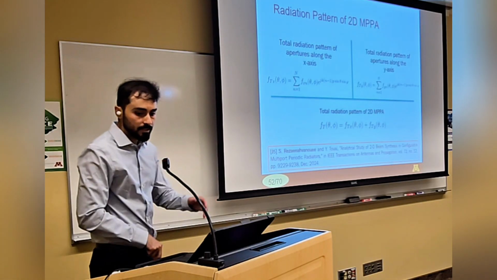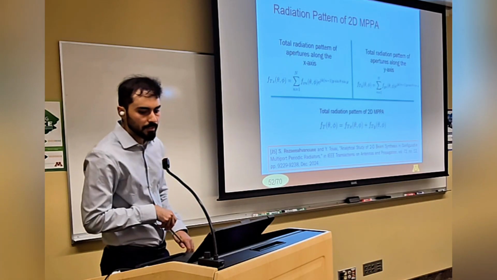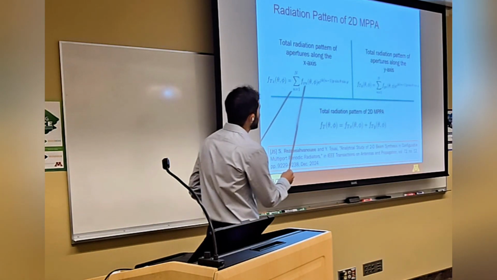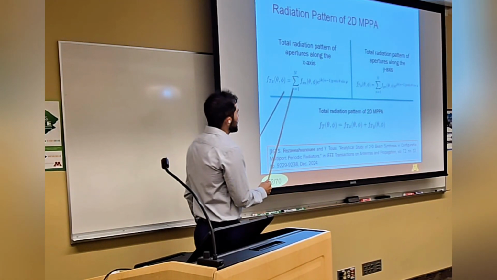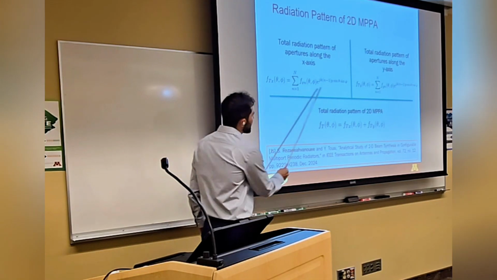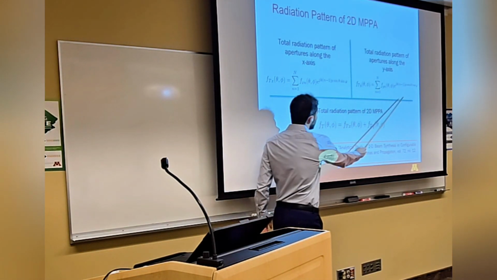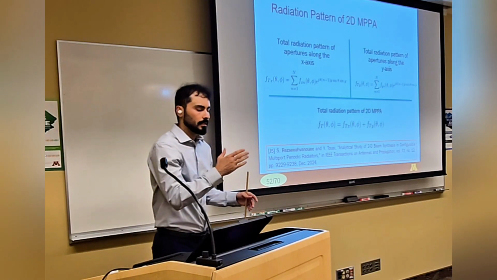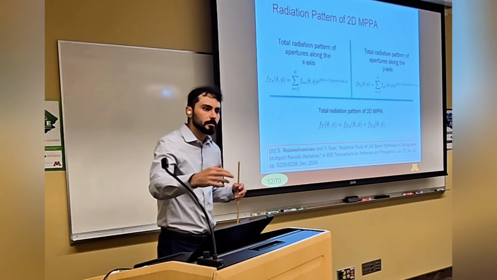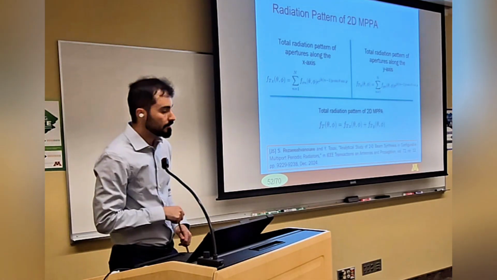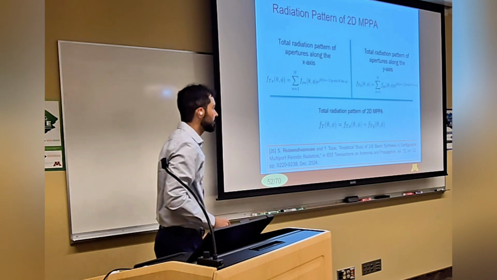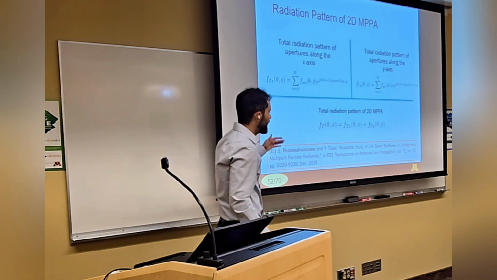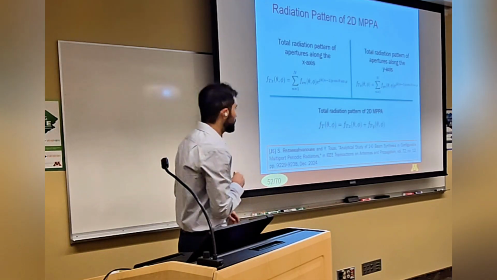And next, to calculate the total radiation pattern, we use superposition by breaking down the 2D case into 1D cases. That includes 10 apertures alongside the x-axis and 10 apertures alongside the y-axis that are arranged in two one-dimensional arrays. And finally, by combination of all the fields, we can calculate the total radiation pattern. And we published this analytical study in Transactions on Antennas and Propagation.